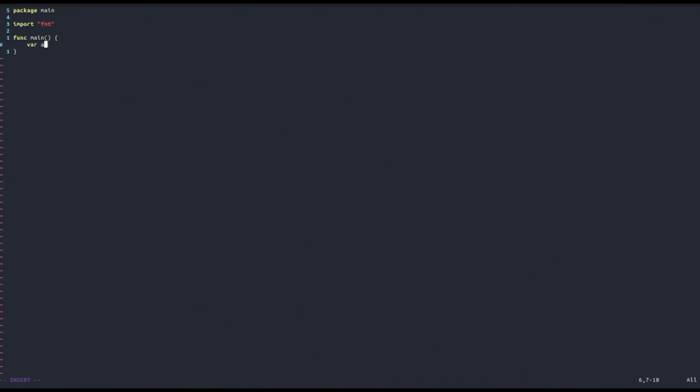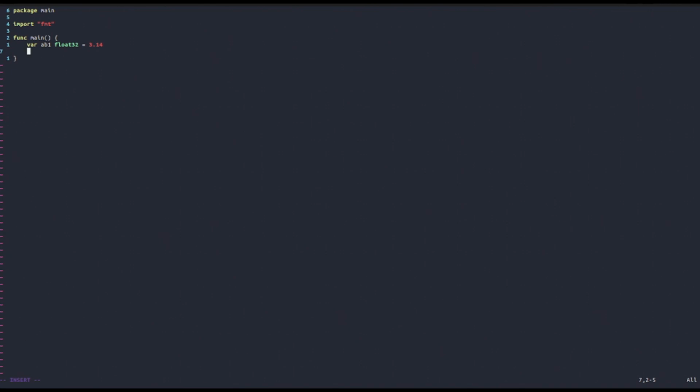So it can be like AB1, and then we decide its type. We have seen that there are two types of floats that we can store in Golang: float 32 and float 64. So float 32 is a 32-bit floating point number. And for example, let's store inside it the number pi, so 3.14, to a precision of 2 decimal places.